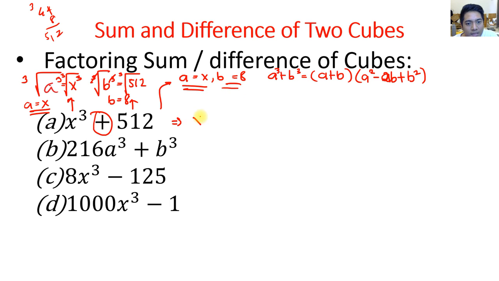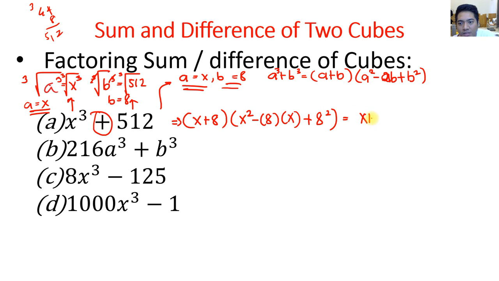So you have x plus 8 times x squared minus 8x plus 64. That's the factored form for the sum of two cubes.